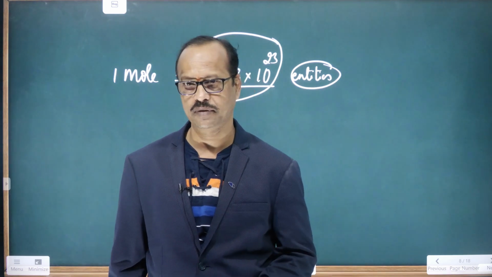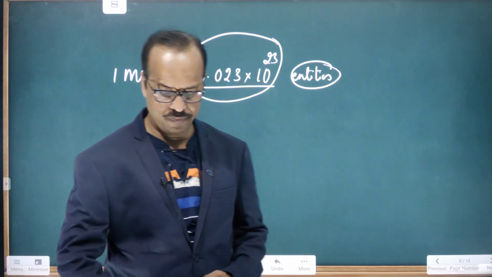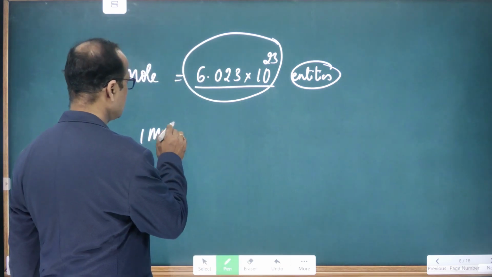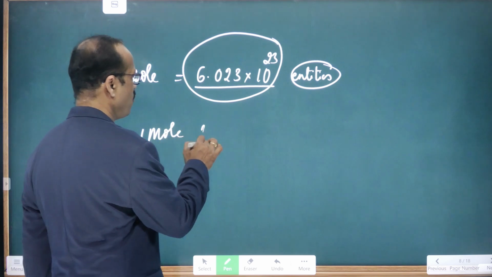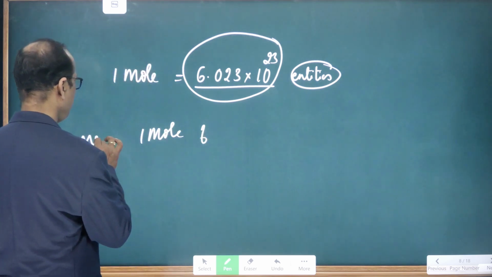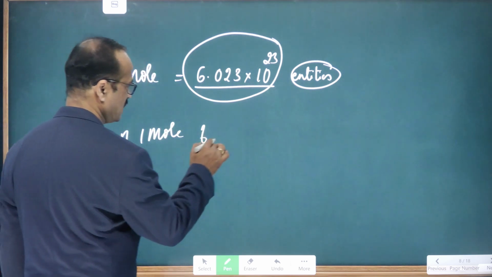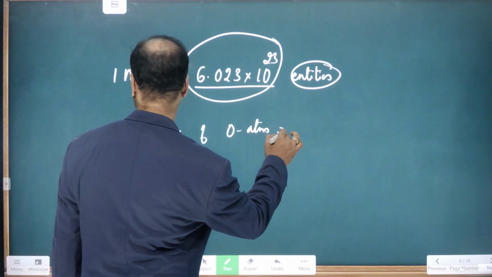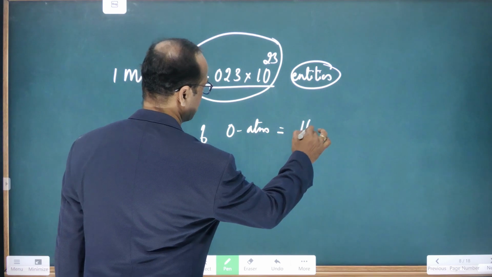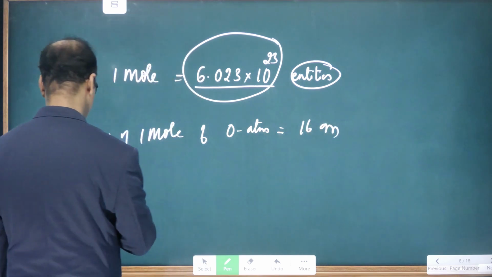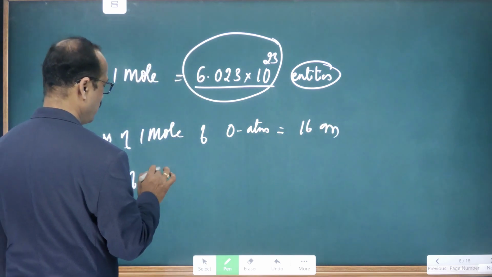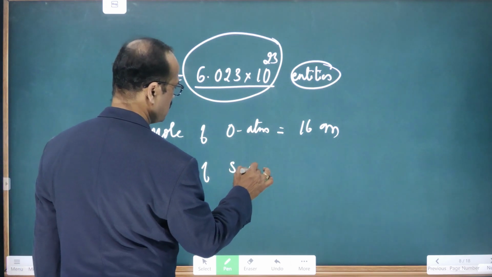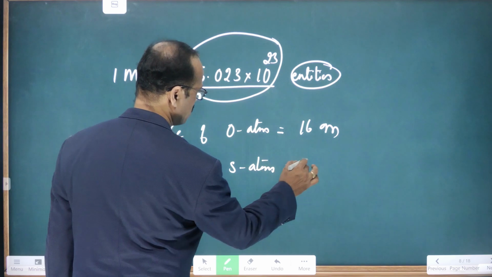Okay. So, sir, you said that the mass of 1 mole of oxygen atoms is, for example, 16 grams, and the mass of 1 mole of sulfur is 32 grams.